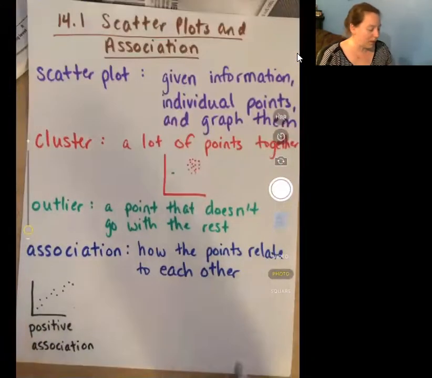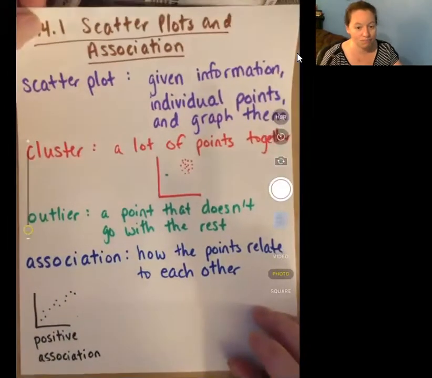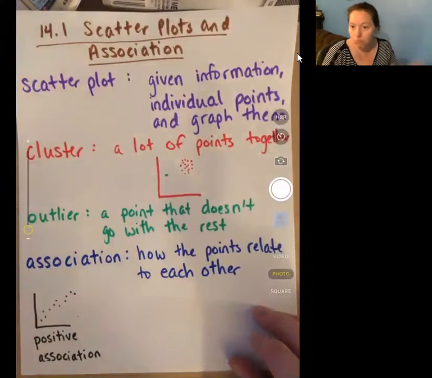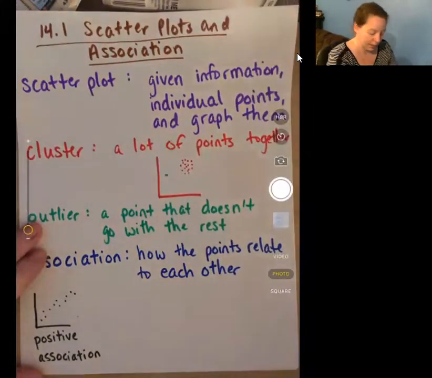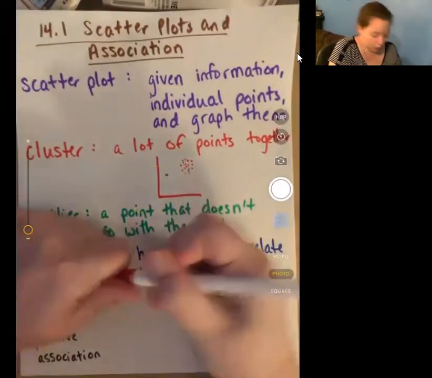So the more of it we have, the more of it we're going to get, generally speaking, okay? The more that I have, the more that I'm going to get. It's a positive association.